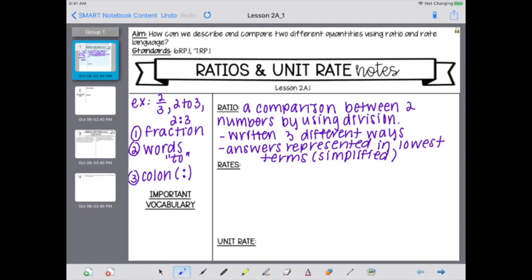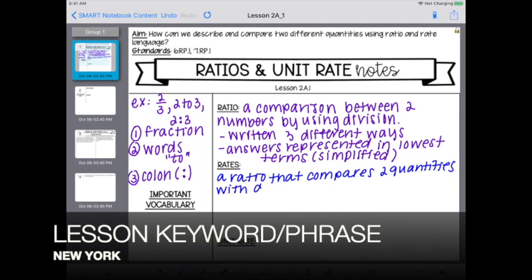So a rate is a ratio that compares two quantities with different measures.